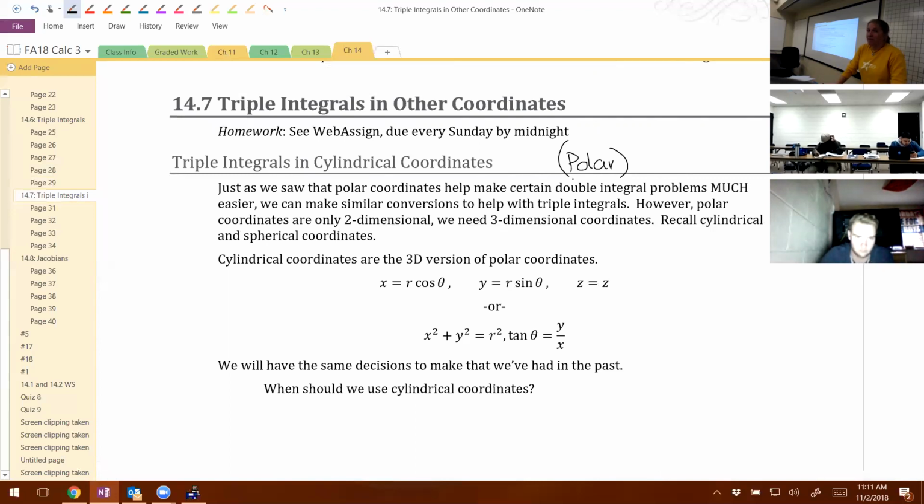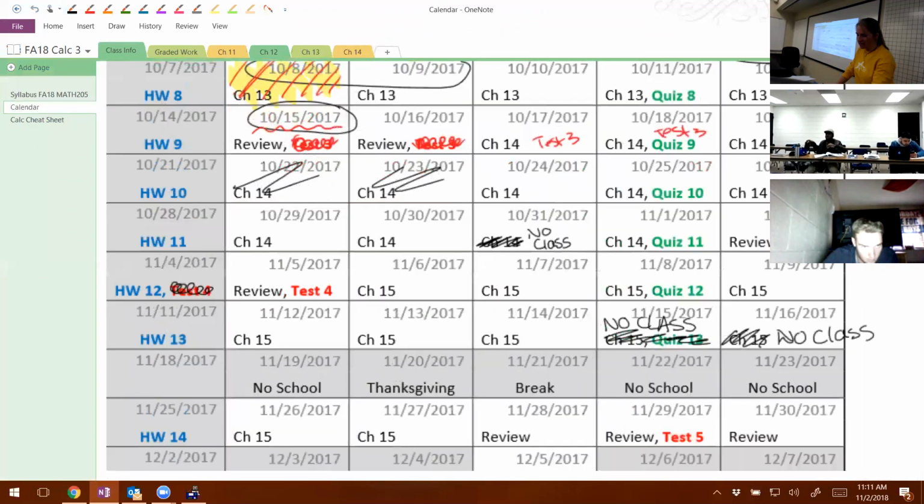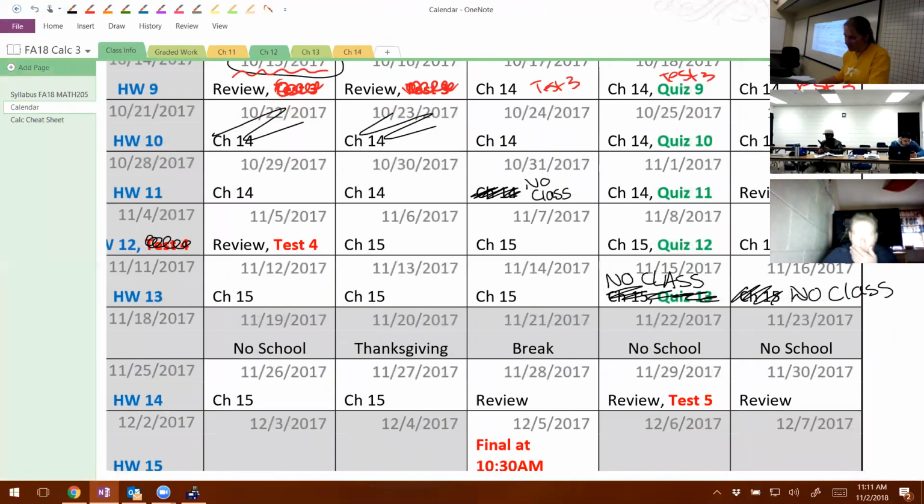I'm seeing we have very few pages left to chapter 14. What is the plan? The plan is the test for this will be a couple days later than what it says in the original thing. So the chapter 14 test was supposed to be today. Yeah, that's not happening for sure. We will probably finish chapter 14. I was thinking about this earlier.